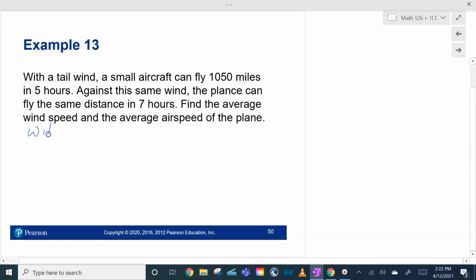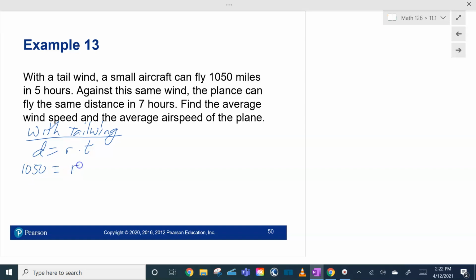So if you have a tailwind, it's aided, right? Distance equals rate times time. You go 1,050 miles at whatever rate your airplane's going, but with the wind, I'm going to call w the wind speed, times time. You do this in 5 hours.